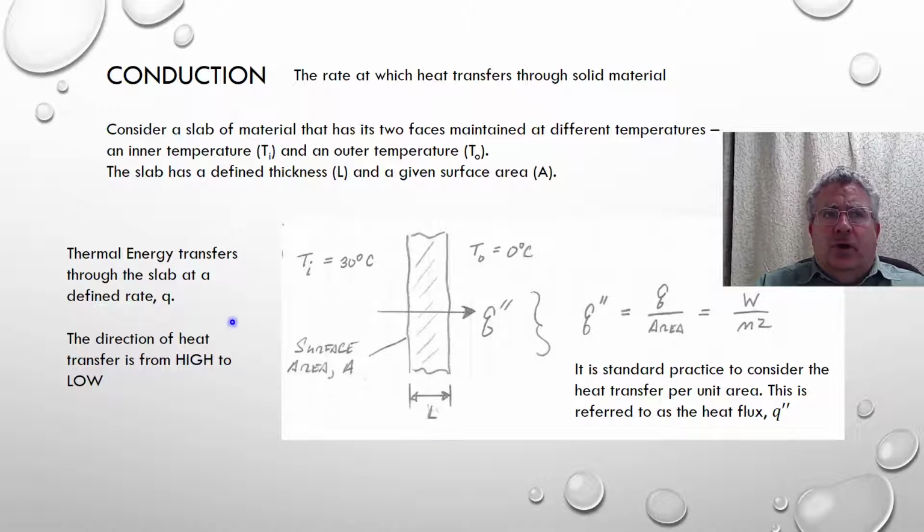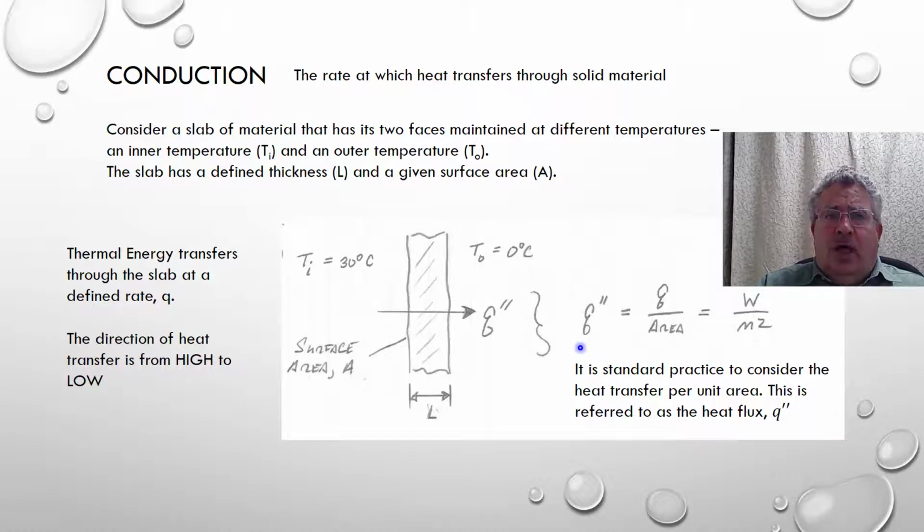So we're going to say that the thermal energy transfers through the slab at a rate defined as Q. And again, according to Newton, the second law of thermodynamics is that the direction of heat transfer is from high to low. We have a high energy state and a low energy state, and the energy is going to transfer in that direction.